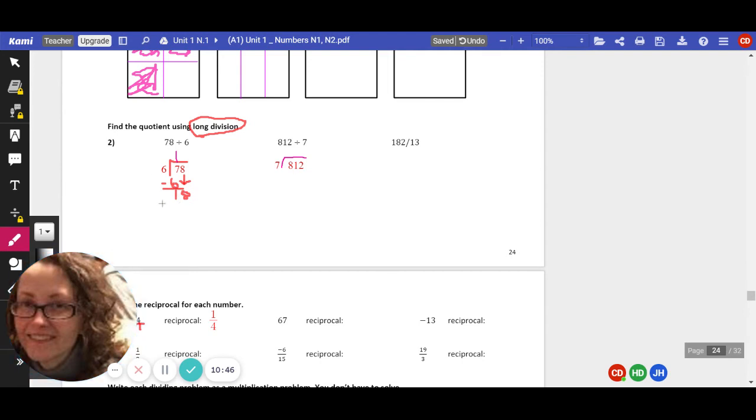Drop down the 8, start again. How many times does 6 go into 18? We get 3. 3 times 6, again, is 18. Since 18 minus 18 is 0, there is no remainder in this problem. Try the rest of question 2 at the end of this video.